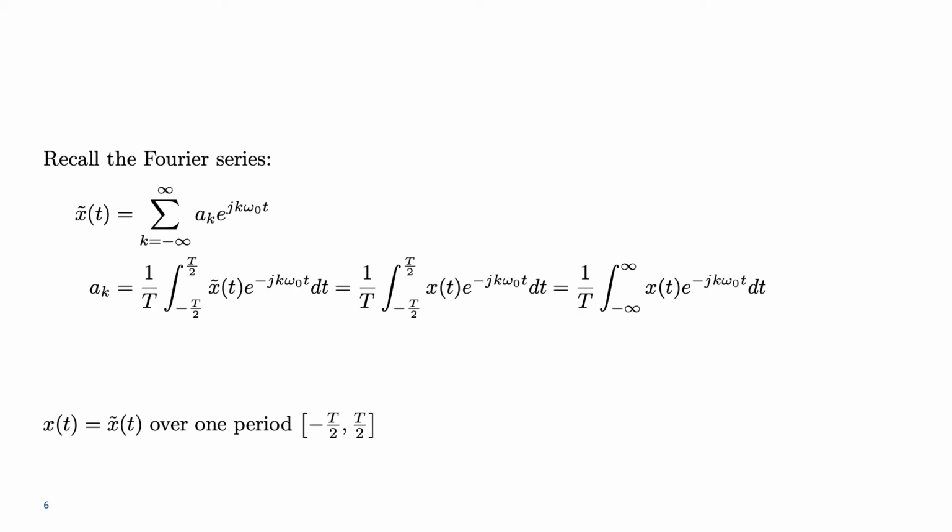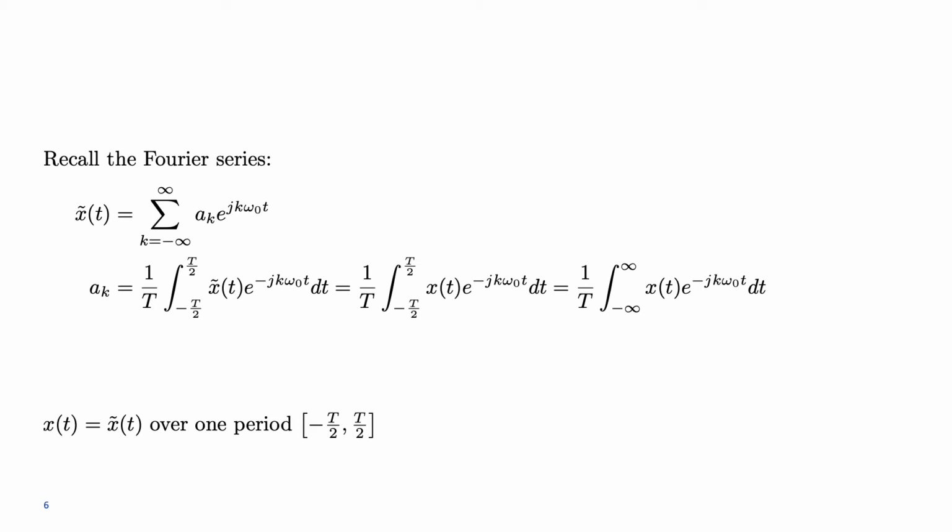So we're just replacing x tilde with x. Once we do that, we can also replace the interval of integration with an interval that extends from minus infinity to plus infinity, because x of t has limited support. So we get the relationship written in this slide.